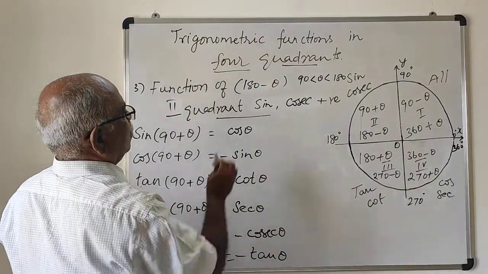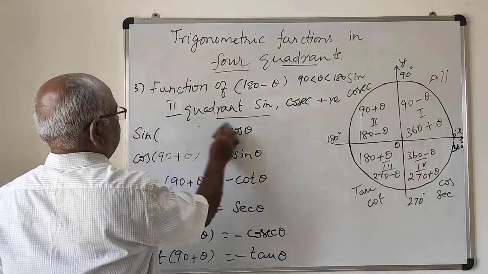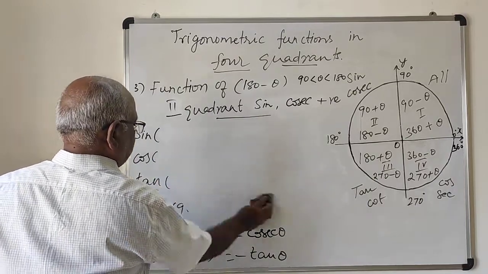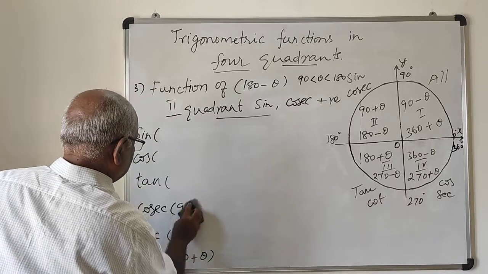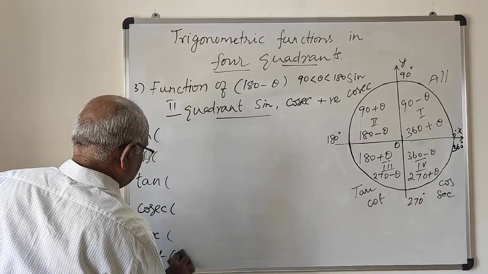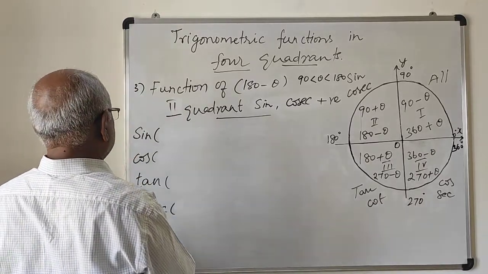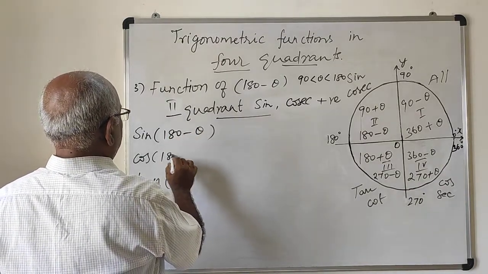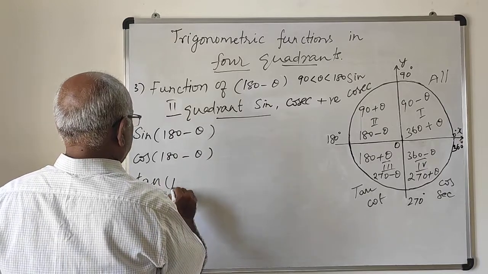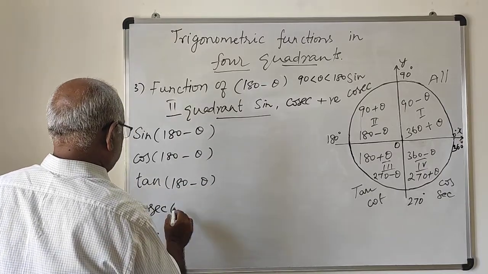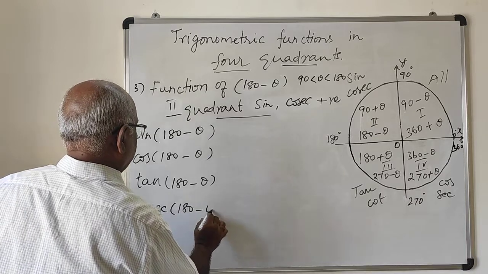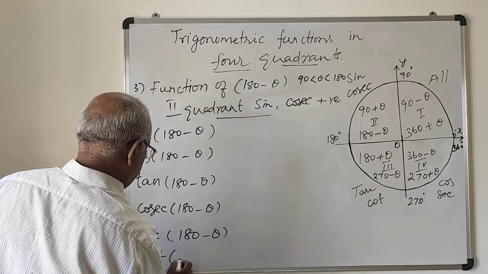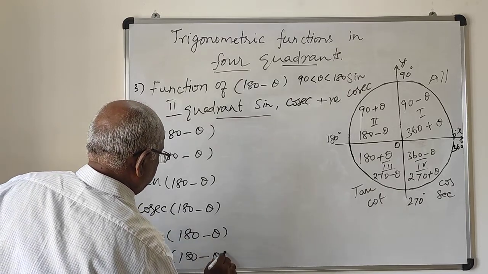Now we are going to see sine 180 minus theta, cos 180 minus theta, tan 180 minus theta, cosecant 180 minus theta, secant 180 minus theta, cot 180 minus theta.